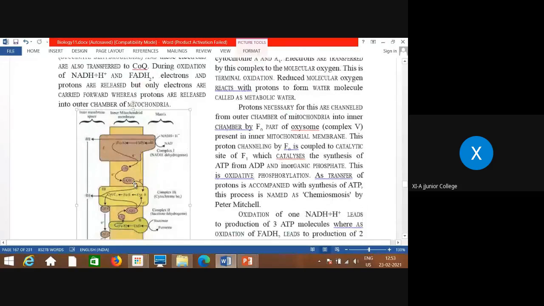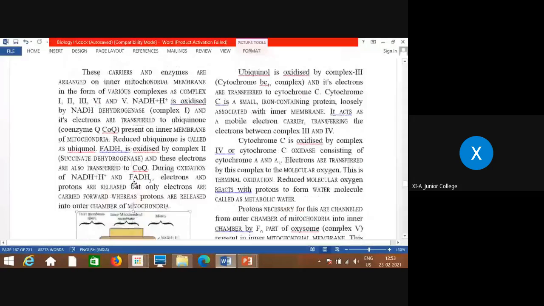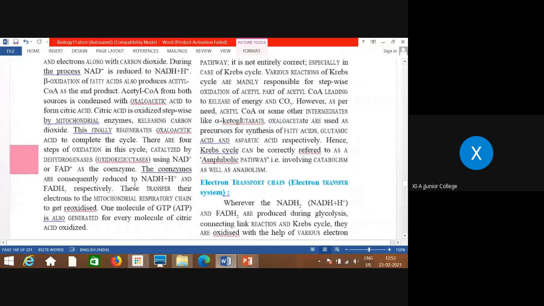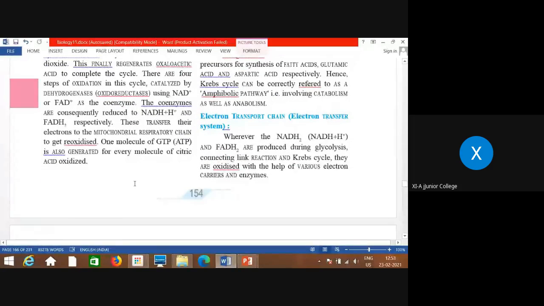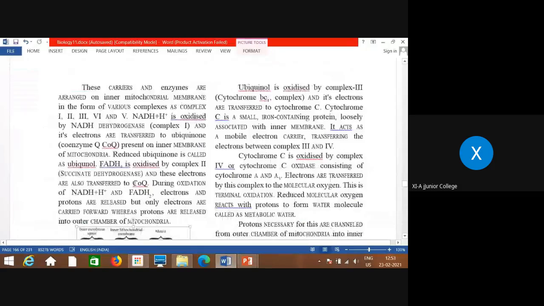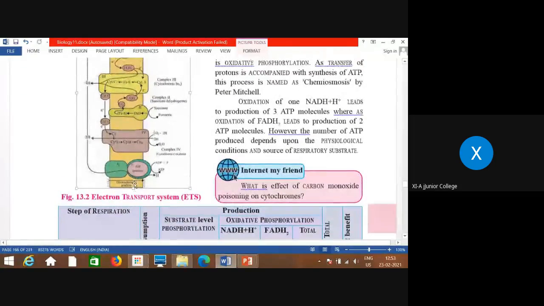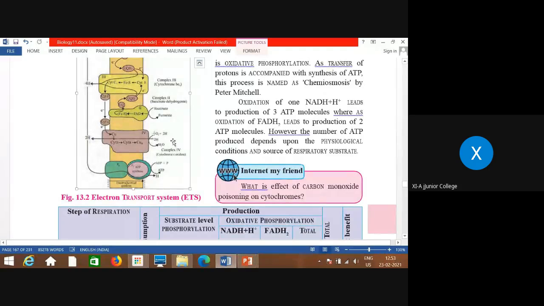So every time you remember all these names, ETS is nothing but not only electron transport chain or electron transfer system, but it is also called terminal oxidation, because the last acceptor of electrons is oxygen, where oxidation is taking place at the end, so terminal oxidation. And during that process a water molecule is formed, that is called metabolic water.